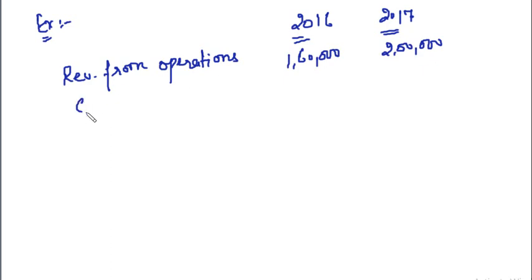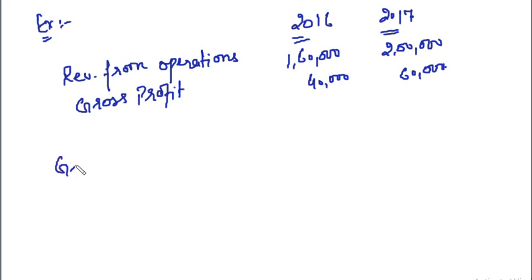And we are given the gross profit of 40,000 and 60,000. Clear? You have to calculate gross profit ratio for the 2 years. Now what is gross profit ratio?